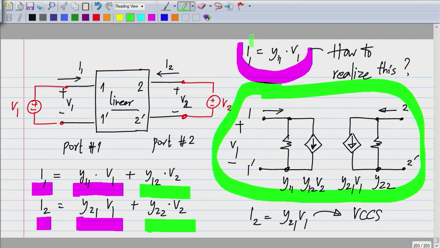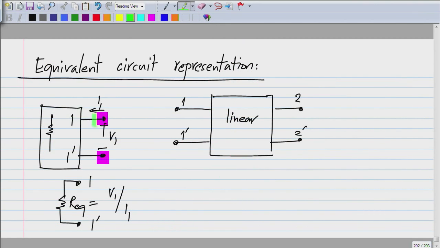If you have a current at some pair of terminals proportional to the voltage at the same pair of terminals, it has to be a conductance, or a resistance. If the picture looks like this, you have 2 terminals, and the current there is proportional to the voltage here. So the equivalent thing is a conductance.